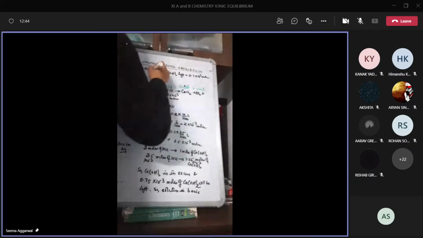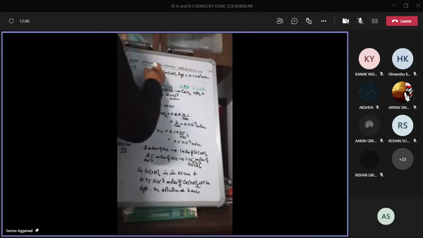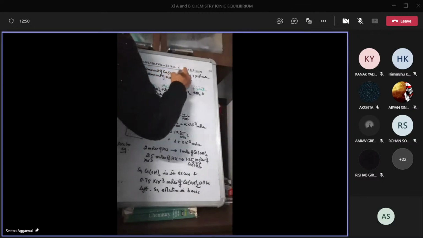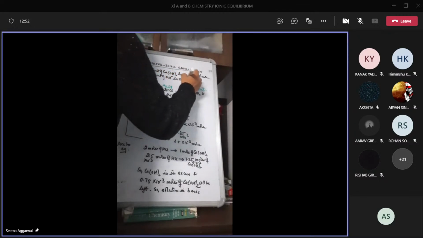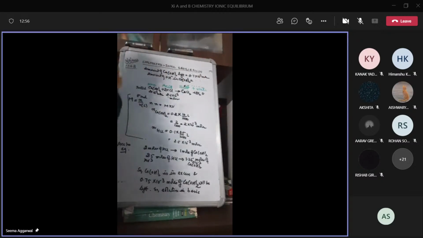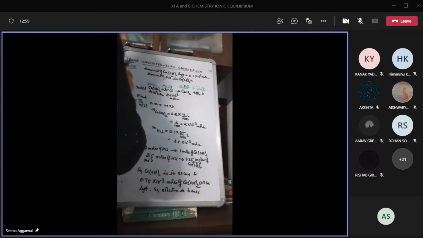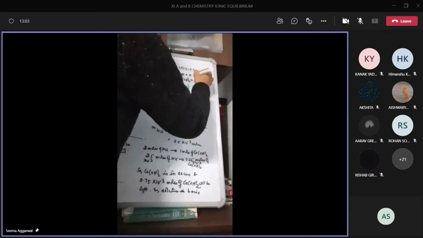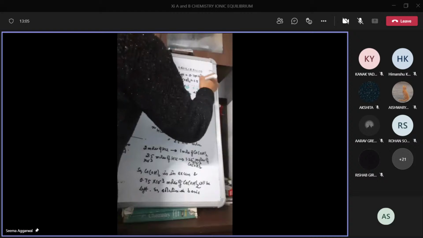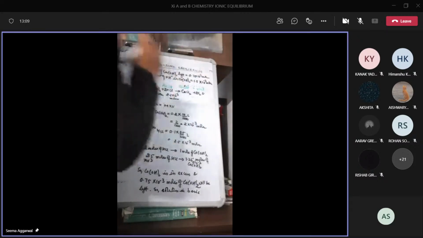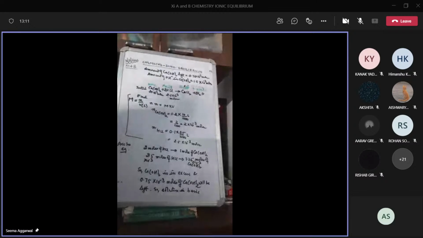So what is the amount of OH minus in calcium hydroxide? One calcium hydroxide contains 2 OH minus, so the OH minus will be double. So double of 0.75 means 1.5 into 10 raised to power minus 3 moles. So it means that the resultant solution is basic.